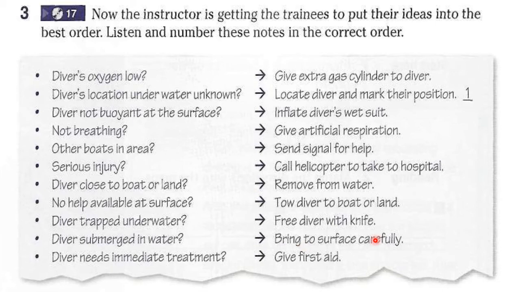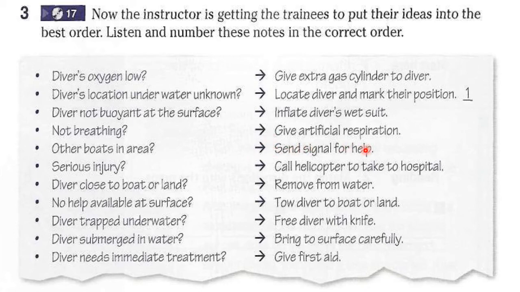Right. Good. So you're at the surface and you're holding the diver there. What if he sinks again? We need to make him float, make him buoyant at the surface. We can inflate his wetsuit. If he's not breathing, we may have to give him artificial respiration there on the surface. And call for help if there are any other boats around. Yeah. Or send a signal for help.